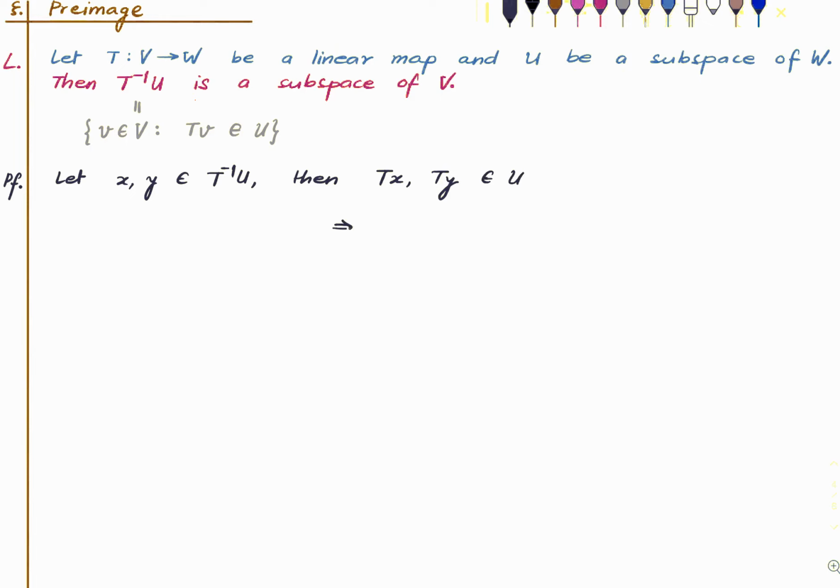That implies, by virtue of the fact that U is a subspace, the sum of T(x) and T(y) will also be in U, and therefore by linearity of T, T(x plus y) is in U, and hence x plus y is in the preimage of U. So this shows closure under addition, and closure under scaling can be left as an exercise now.